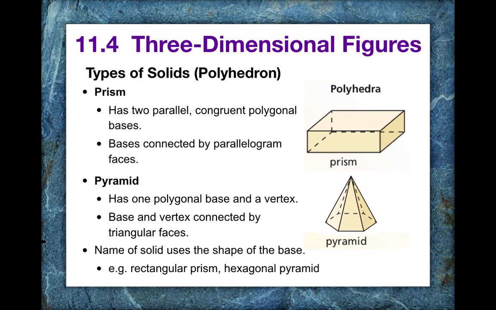Now, to name these things, we name the shape based on the base. So in this top one here, we have a base that's a rectangle, so we call it a rectangular prism. The pyramid on the bottom has a hexagon as a base, so we call it a hexagonal pyramid.